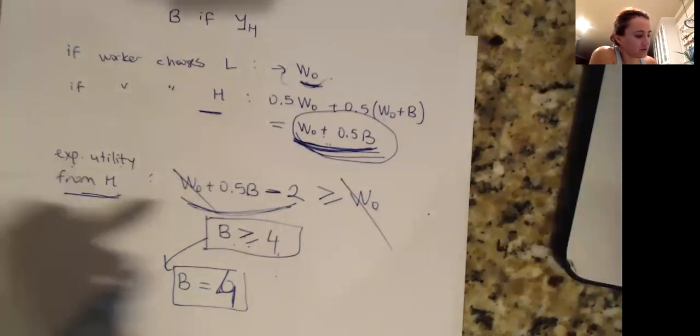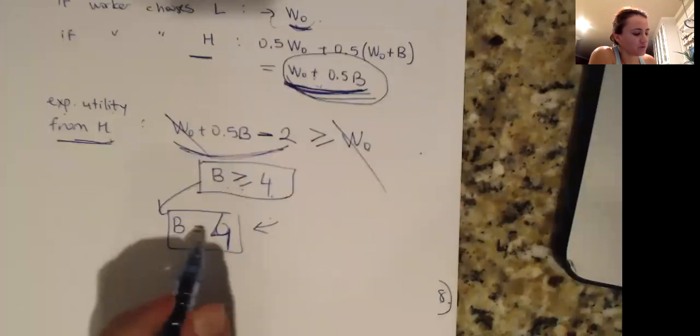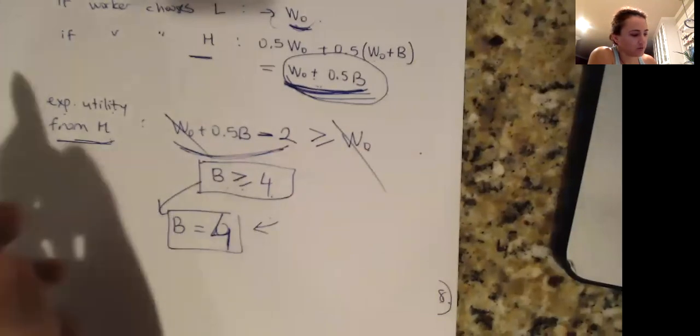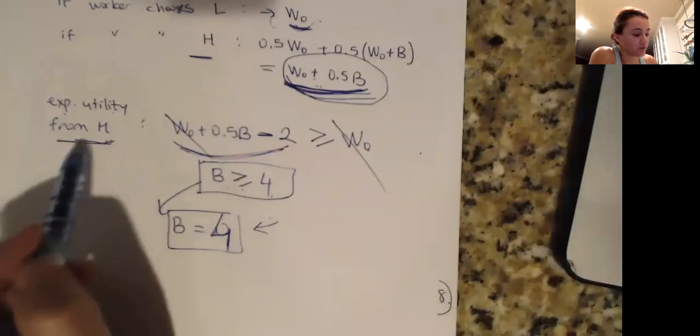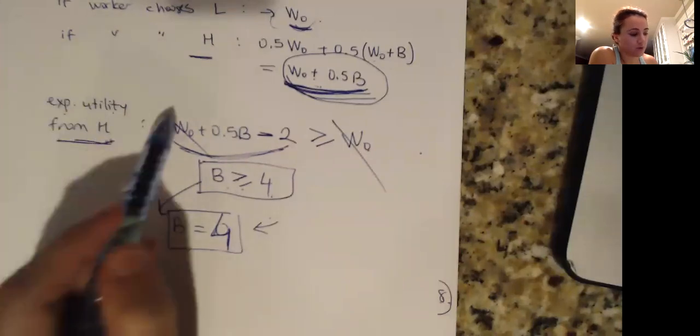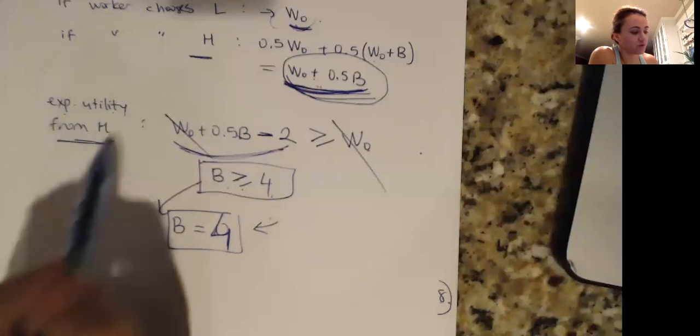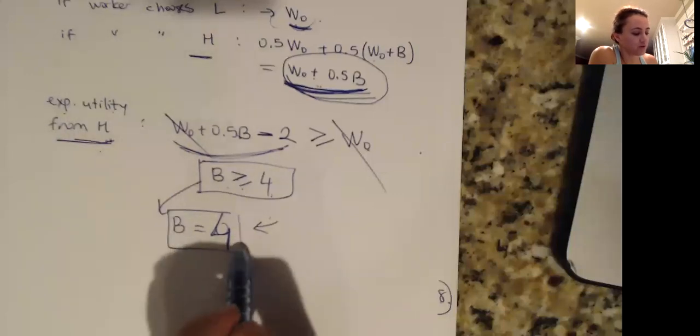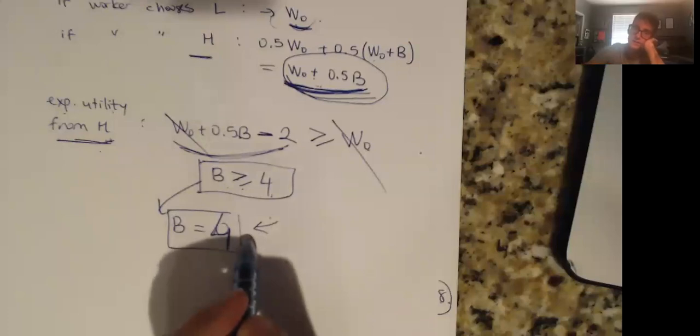So here, if the firm wants the worker to choose high effort, he needs to choose B equals 4. How do you know what the wage is for them?